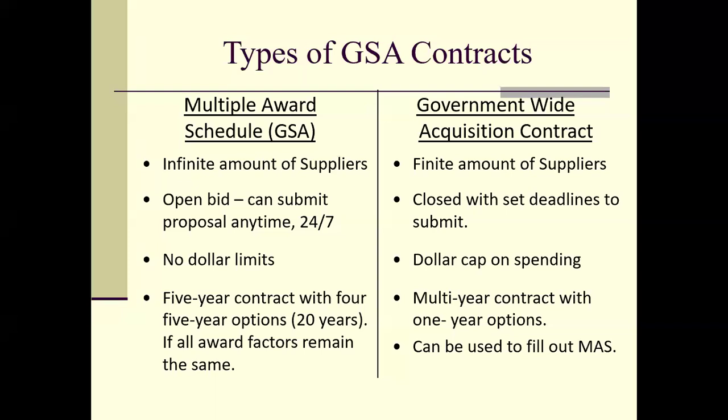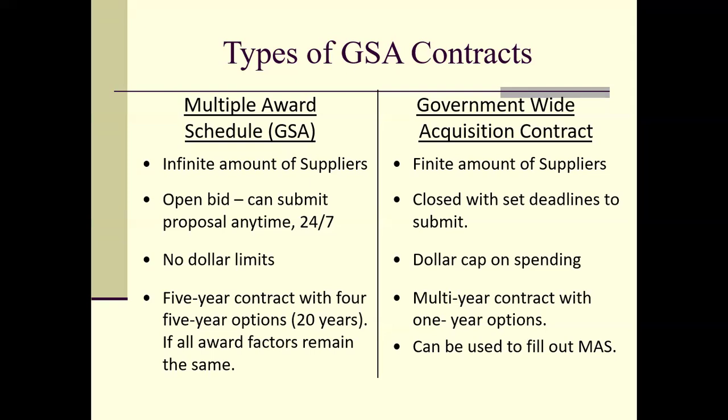If you're familiar with Polaris, if you're familiar with VETS, if you're familiar with any of these contracts, they are specialized contracts for special groups to get on. There are set deadlines that you have to submit, so it's just like an RFP. You are writing your qualifications to meet the deadlines.